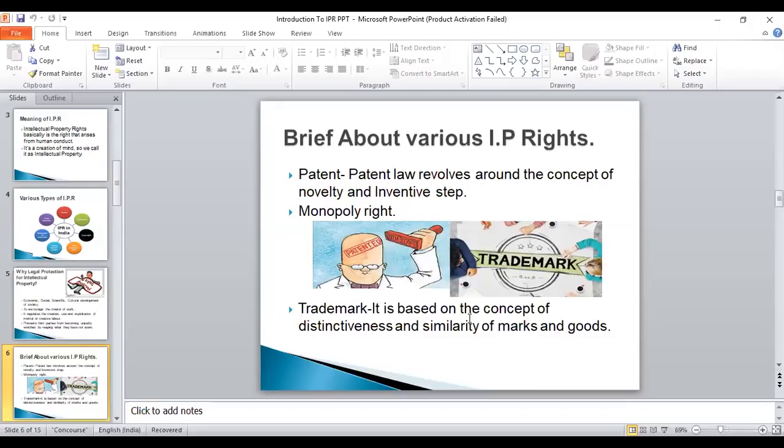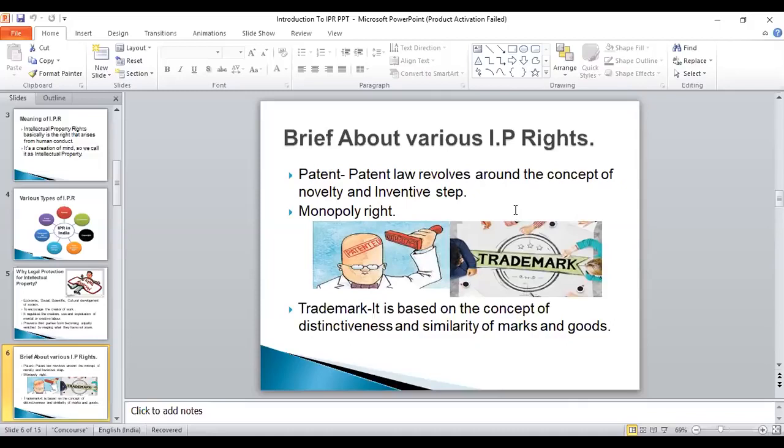Now, what are the essential things we discussed in the case of patent: novelty, inventive step, and utility have to be there. In the same way, a trademark should always be very short, unique, and should not contain any scandalous or obscene matter. It should be able to distinguish between the goods and services of two people.